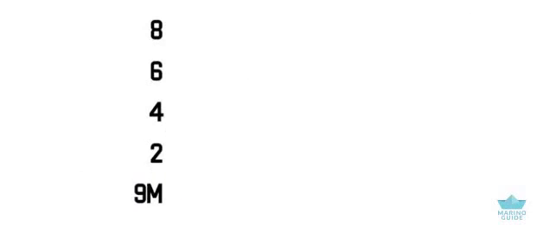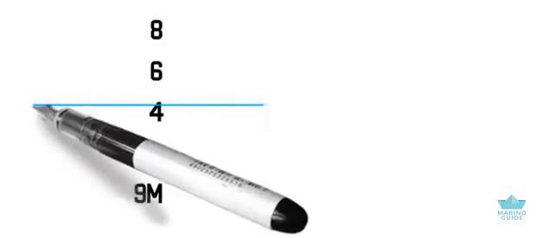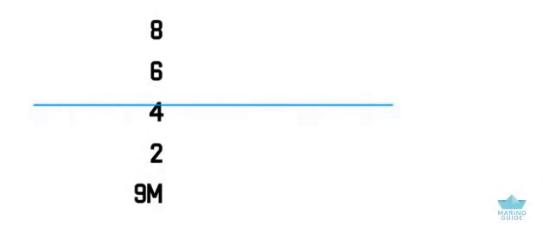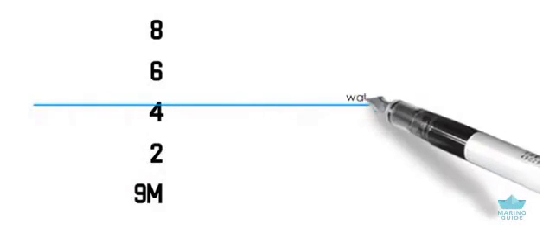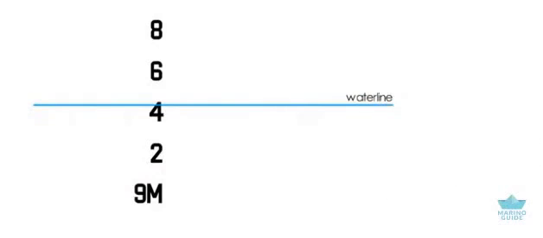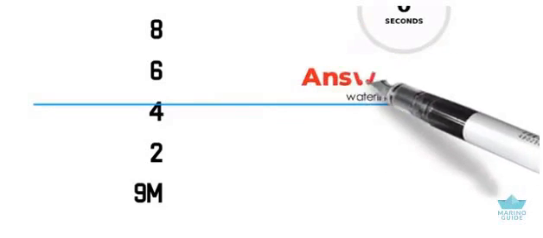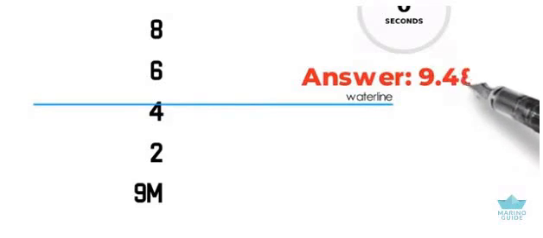Let's say that the water line is in this point. What is the draft reading? The answer is 9.48 meters. Well done, guys!